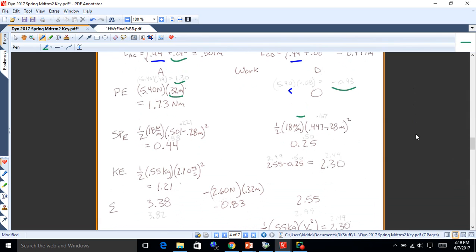Okay, then the spring energy, 1/2 k s squared. s is the amount of stretch in the spring. The unstretched length of spring is 0.28. Okay, so 0.501 minus 0.28 squared times 1/2 times the spring constant is 0.44, and 0.447 minus the 0.28 squared times 1/2 times 18 is 0.25.